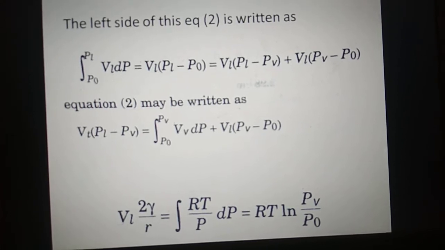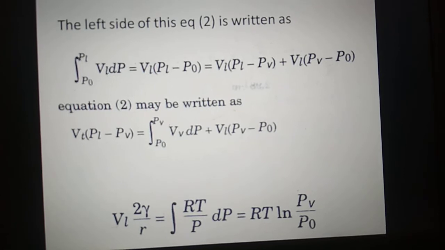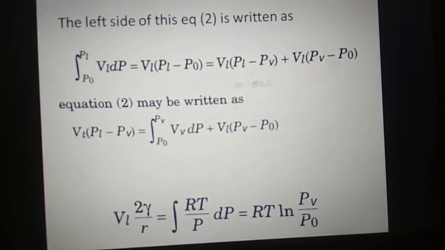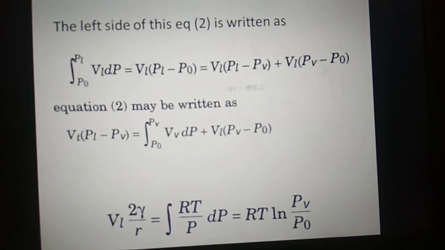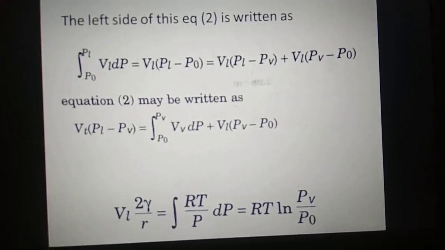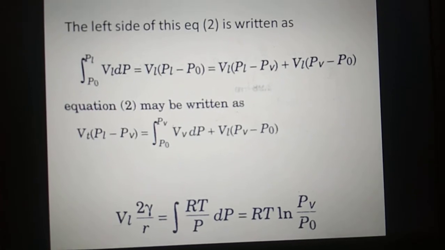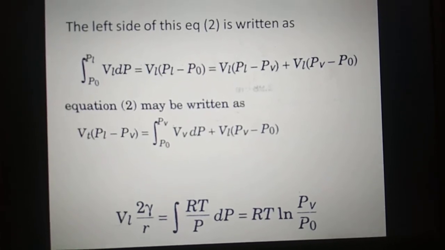This is equation 4. It should be seen that the two terms on the right hand side involve the same pressure difference but volumes in different phases. Since the volume of the liquid is much smaller than that of the gas, we may ignore the second term on the right hand side.